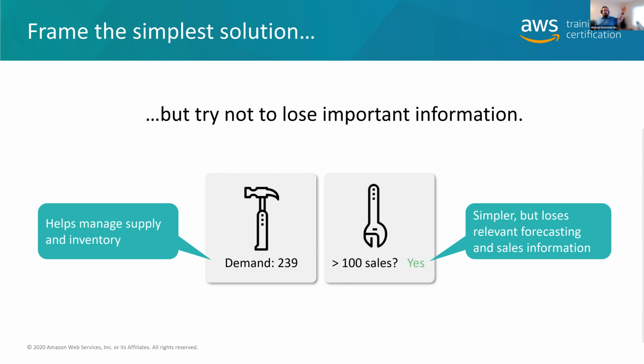We know that for hammers, we have forecasted that we're going to need to carry 89 units, and we can have some wiggle room of plus or minus 10 units, plus or minus 15 units or so. So you want to frame your ML problem as specifically as you can, but try not to overcomplicate it, right?